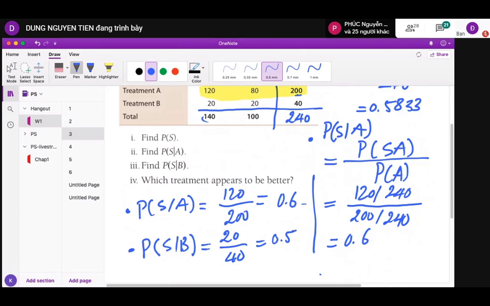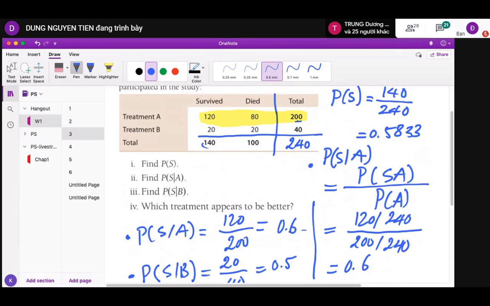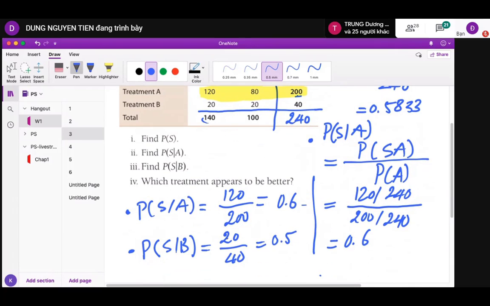Based on these two probabilities, you can conclude that treatment A is better, because if a patient receives treatment A, his chance to survive is 60%, while if the patient receives treatment B, the chance to survive is only 50%. Okay, that's why A is better. And all of you got the correct answer. Very good. Is there any question?